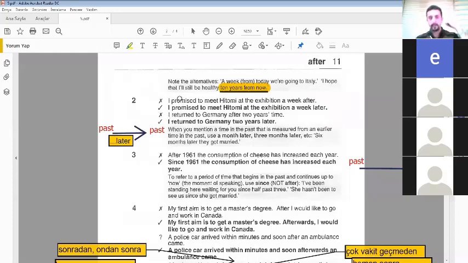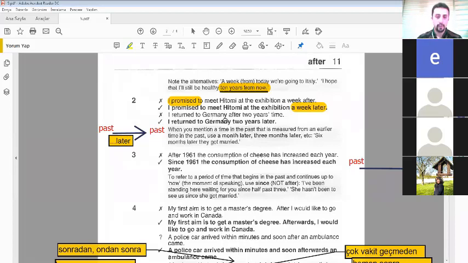I promised. Promised is the past form. I promised to meet Hitomi at the exhibition a week later. A week after is wrong. I promised in the past to meet Hitomi at the exhibition a week later, 1 week later. And next one, I returned, again past.